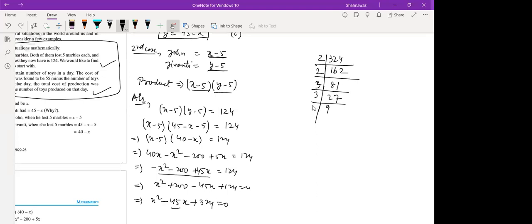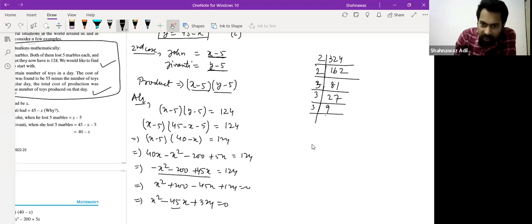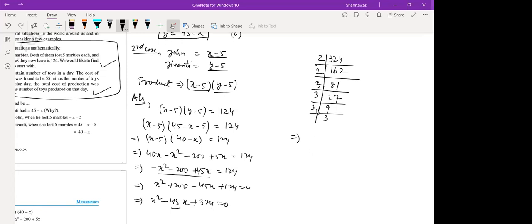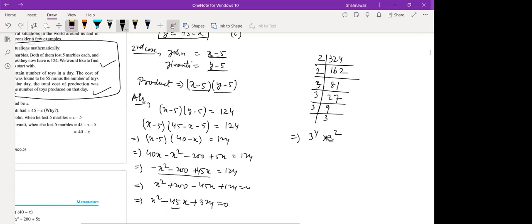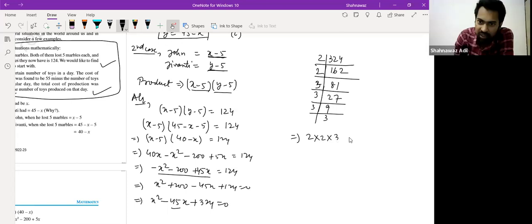Can you guys identify what would be the factors? I have identified. So this is how much? 3 to the 4, and 2 squared. Right. So what should be the factors? Let me write it this way. So did you guys identify what would be the factors?